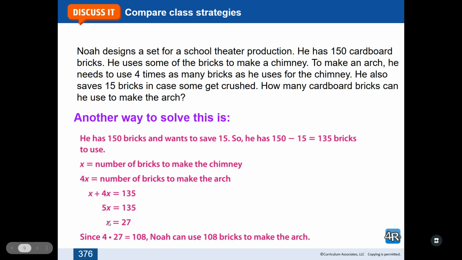So 5x divided by 5 is x, and 135 divided by 5 is 27. And again, this is the total just for the chimney. We know that the arch takes 4 times as many, so we take 4 times 27, and we get 108. So Noah can use 108 bricks to make the arch.